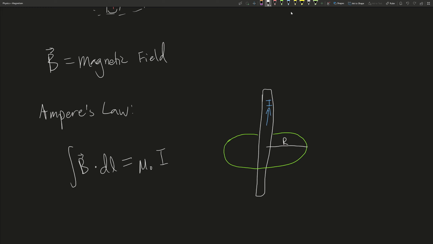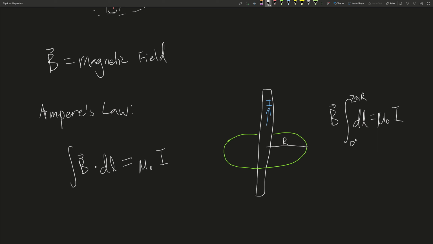And so basically this integral becomes B times the integral of dl, which is equal to mu naught I. Now dl, this length, goes from 0 to 2 pi r, because that's the circumference of this circular path, the path length of this curve.